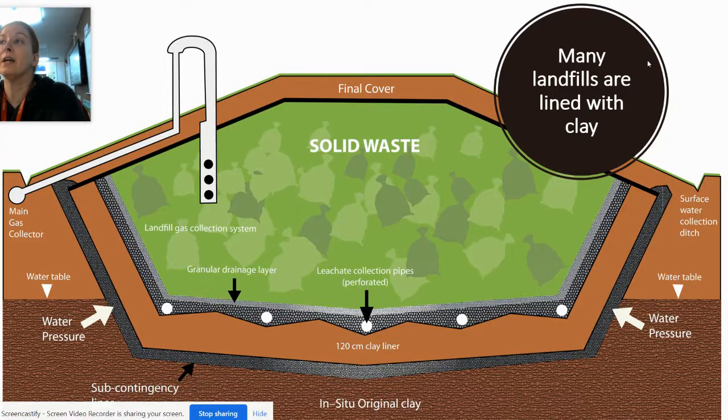Most landfills are lined with clay because, if you remember, it takes 200 years for water to go through clay. So if you have this nice clay liner, and then sometimes some other things, and then original clay, anything that is going to drip out of this landfill is going to get caught by this clay liner, at least for the next 200 years.